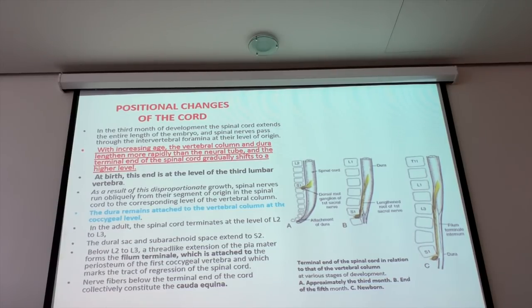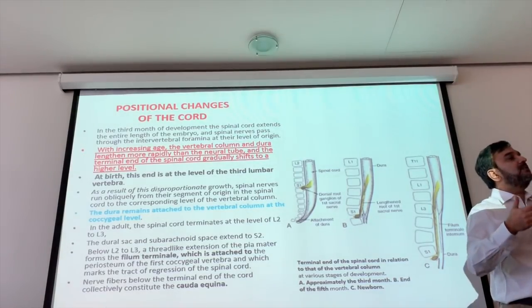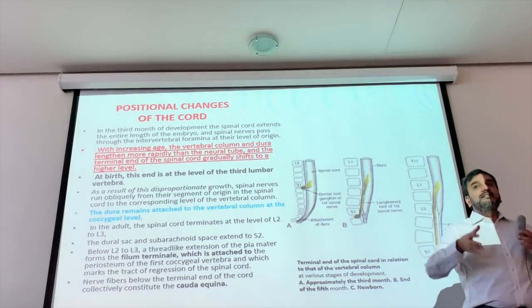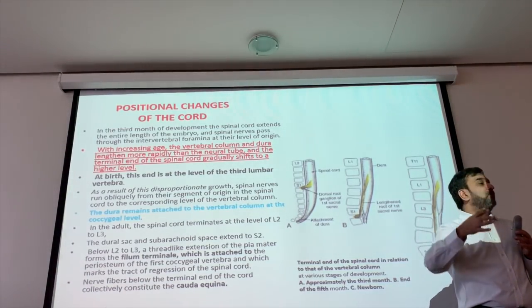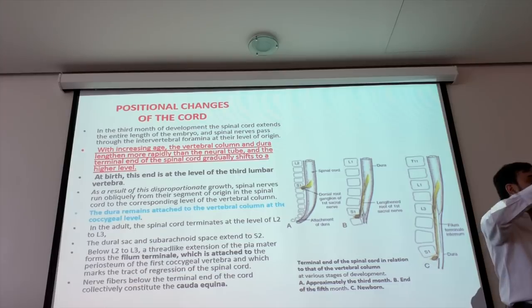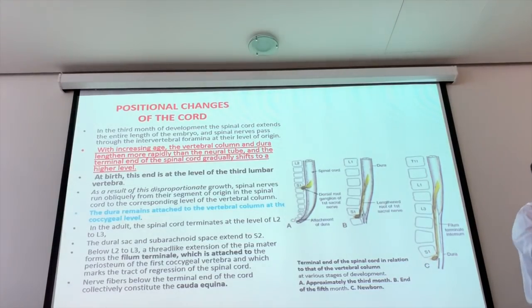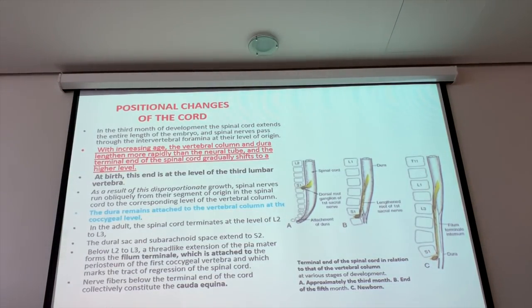But as the later half of the development of the embryo goes on, the vertebral column expands much faster as compared to the spinal cord. So at birth, the spinal cord is till the L3 vertebral level. So below L3 there is no spinal cord.